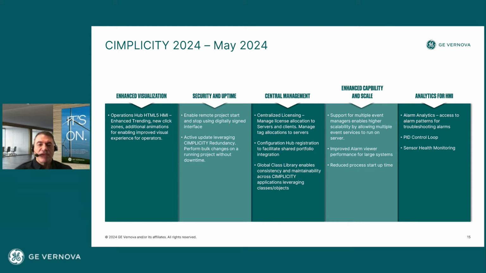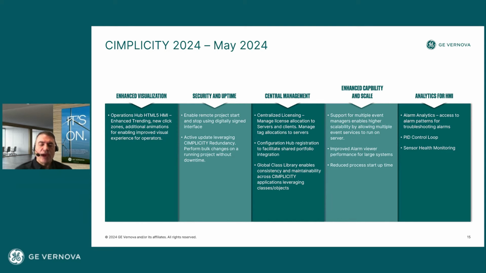In terms of scalability and performance, we've had several enhancements that help improve the startup time of the server and the responsiveness of the viewer in different situations, especially as you get into larger systems. One thing we have also made significant enhancements to: Simplicity is a process-based, multi-threaded application.